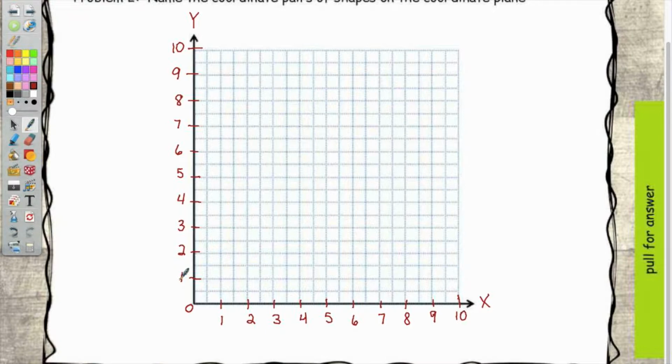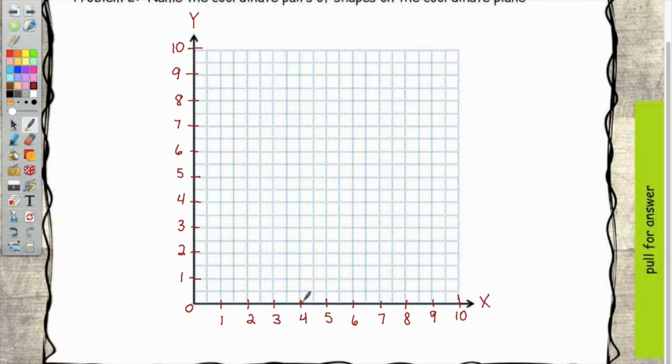I want you to put a point at 4, 3. Now I want to show you with my fingers that the x-axis would be 4 and the y-axis would be 3, because I said the x is always first unless it's labeled differently.